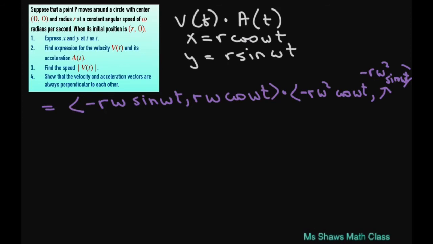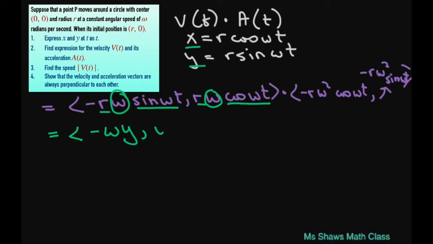Now, when we figure this out, what I'm going to do is substitute in my x and my y. So r sine of omega t is going to be negative, we still have this omega, and the rest is just y using substitution. And for this piece, we have r cosine of omega t, well, that's your x, but we still have this omega.